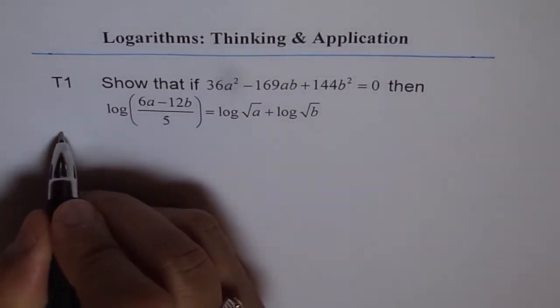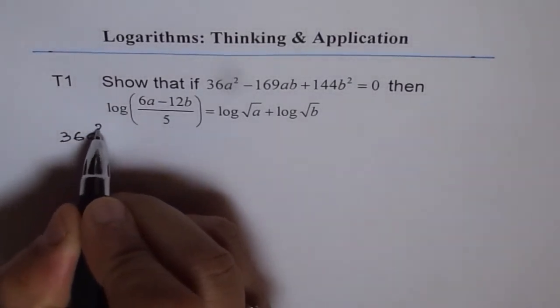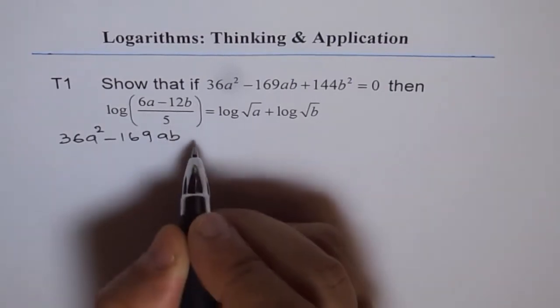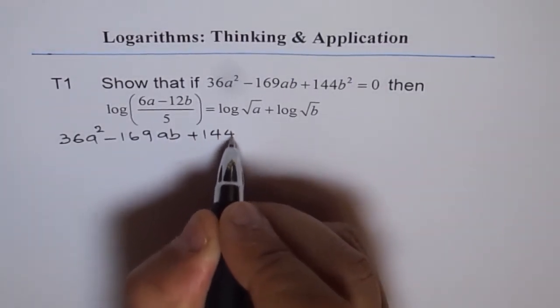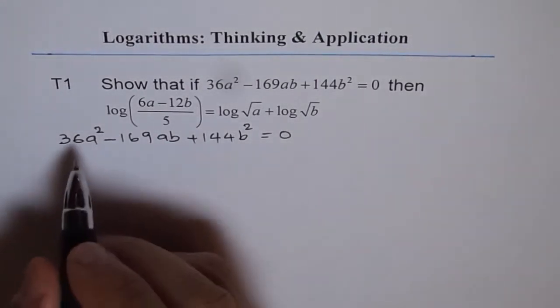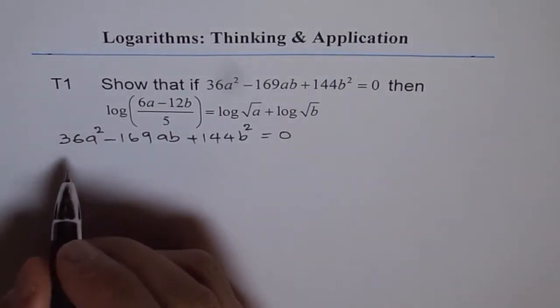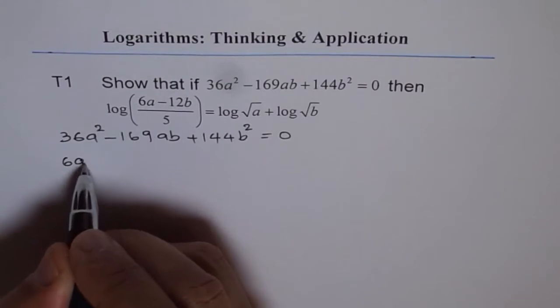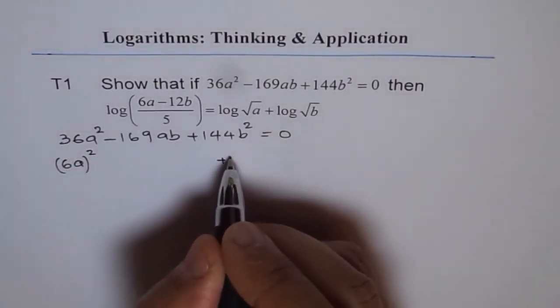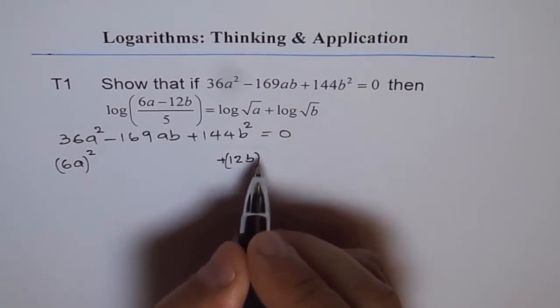So it is 36a² − 169ab + 144b² = 0. What I was saying was this is (6a) whole squared, so I'll write (6a)². And this term here is (12b) whole squared.